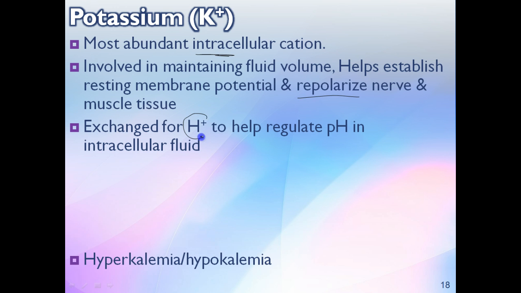It also becomes important in acid-base balance because it becomes exchanged for hydrogen ions that are getting moved around when we're trying to balance pH. And we need to balance out that positive charge.